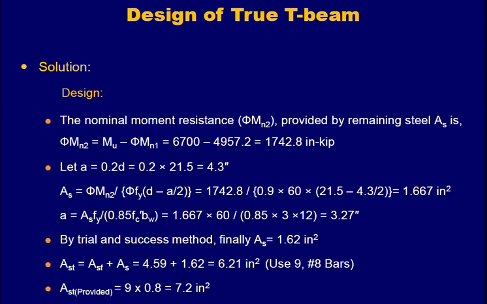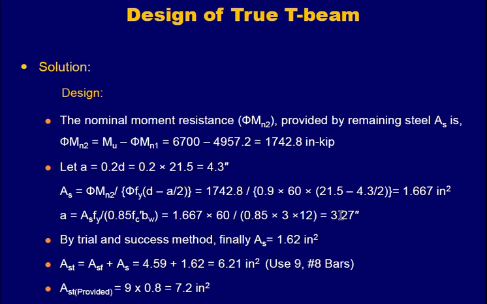So the nominal moment resistance phi Mn2 provided by the remaining steel As is, as I told you, phi Mn2 equals Mu minus phi Mn1. So the remaining is 1742.8 inch-kip. Now let a equal 0.2d. Find As, which is 1.667. Use it in the equation of small a, which is 3.27.